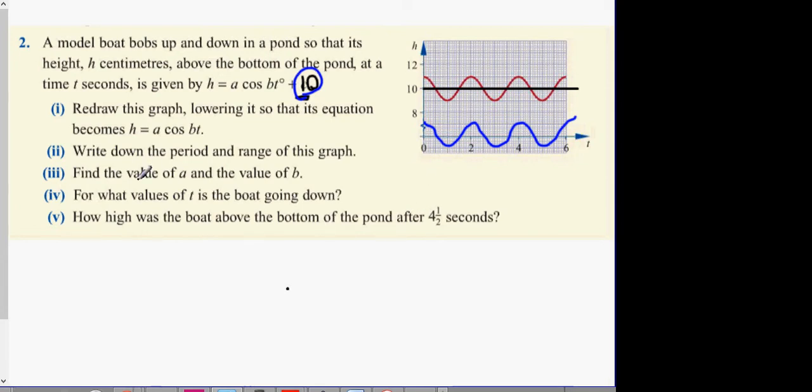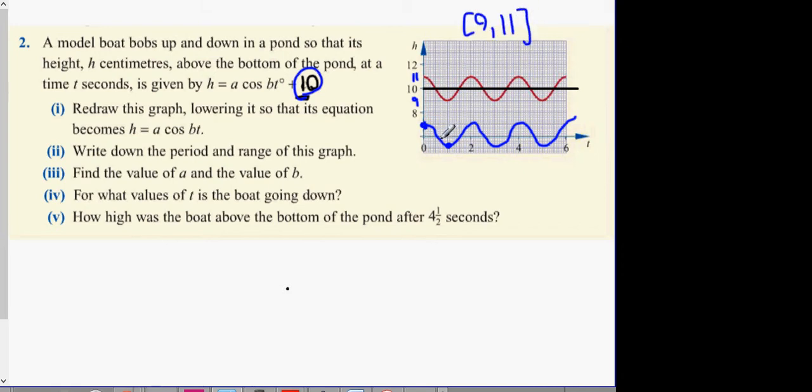Now, write down the period and range of this graph. Lads, what's the range? Now, the range of the old graph is from 9 to 11, isn't it? So the range of the old graph is 9 to 11.